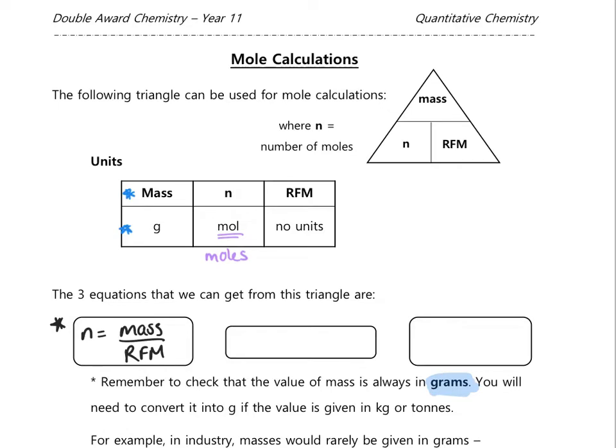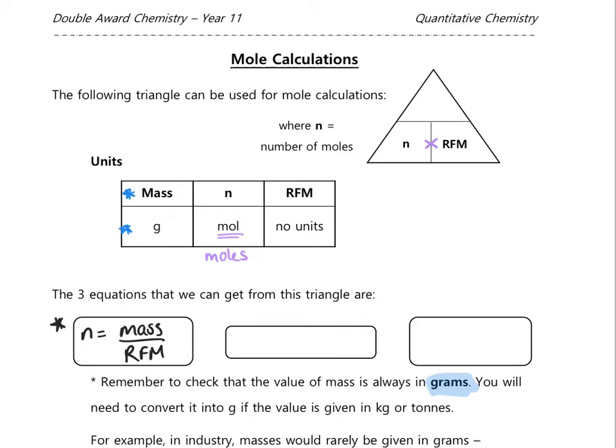Let's now try and get an equation for mass. Say I want to work out mass, I need to cover the word mass. So let me cover over that now and see what I'm left with. I'm left with N and RFM on the bottom. What does that mean? Well, if they're both on the same line, it means that I need to multiply them. And you may be more familiar with the bottom part of the triangle being just N times RFM.